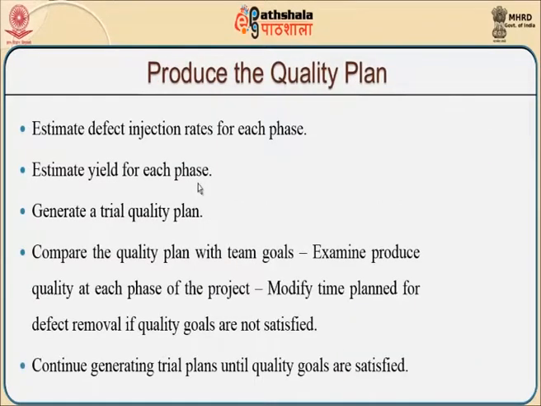But then the final achievement that we tend to produce will be a quality plan, wherein we estimate the defect injection rate for every phase. We also estimate the yield for every phase. We also try to generate the quality plan, compare the quality plan with the goal associated with the team, where we examine whether we produce quality at each phase of the product.